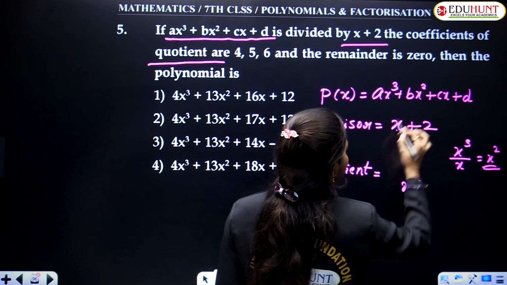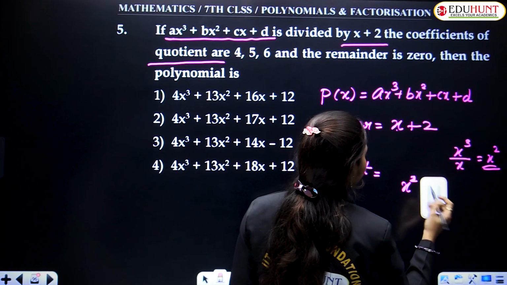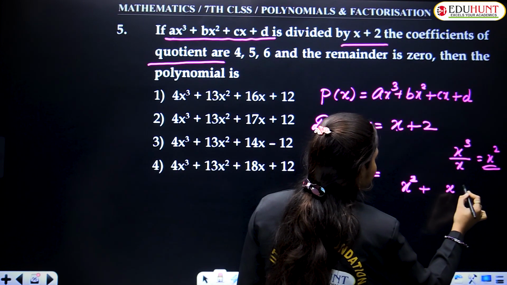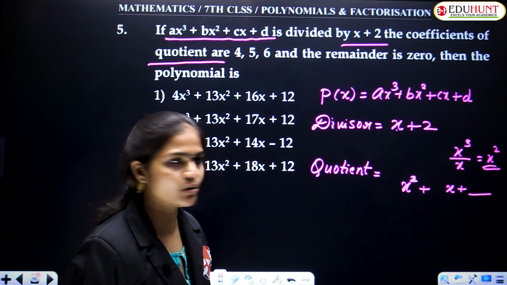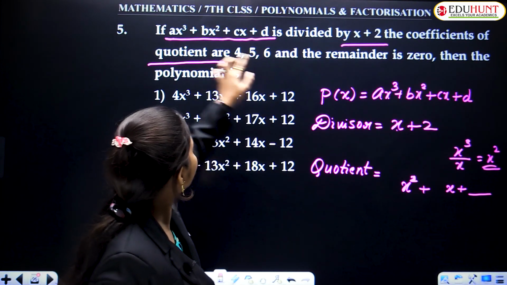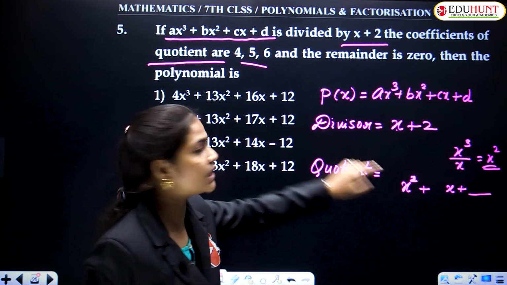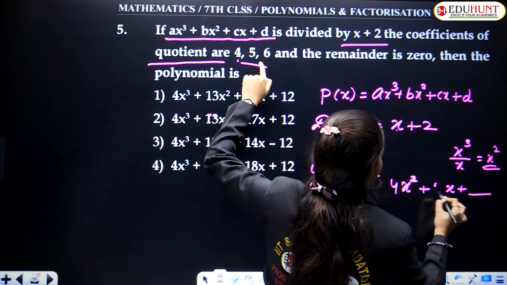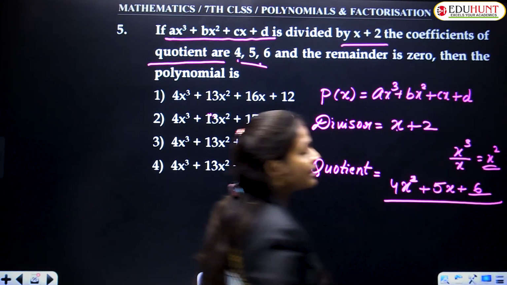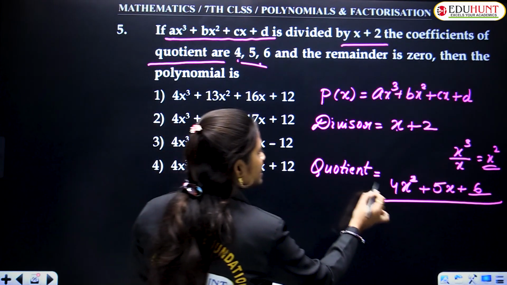And x square divided by x is the x term, so x square plus x term plus one constant term, that is x power 0 only, no? Next, they gave the coefficients of the quotient: 4x square, next 5x plus 6. So this is the quotient as per the given question. Now the quotient is 4x square plus 5x plus 6.